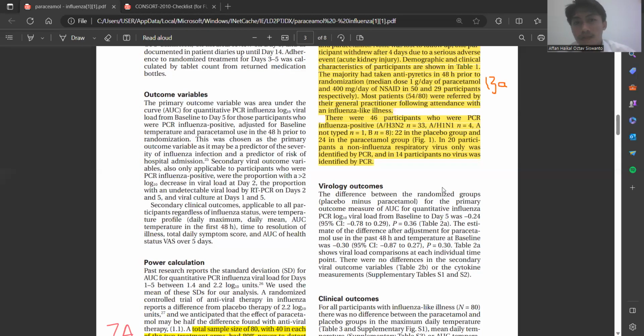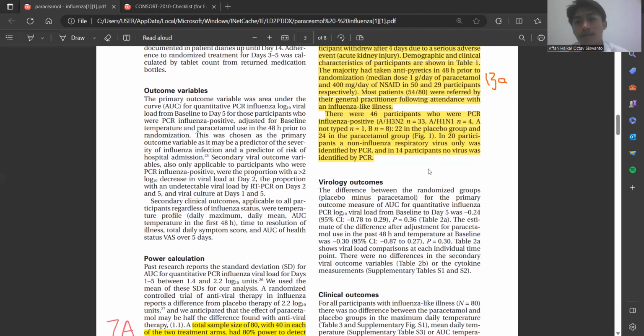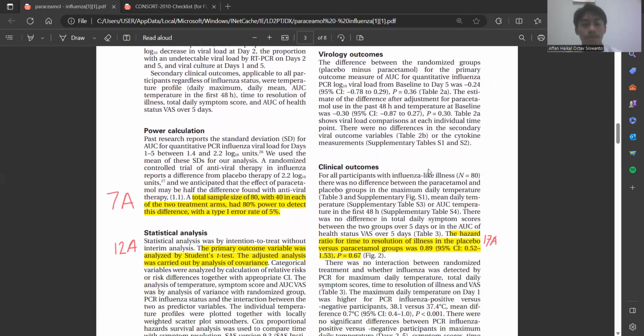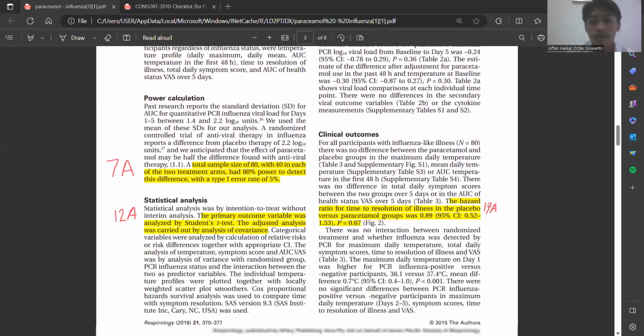In 20 participants, a non-influenza respiratory virus only was identified by PCR, and in 14 participants, no virus was identified by PCR. So the next item here is item 7A. That is how sample size was determined.